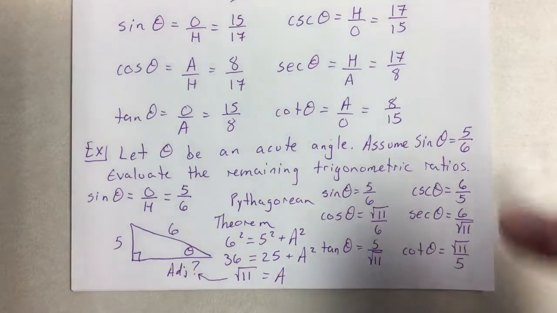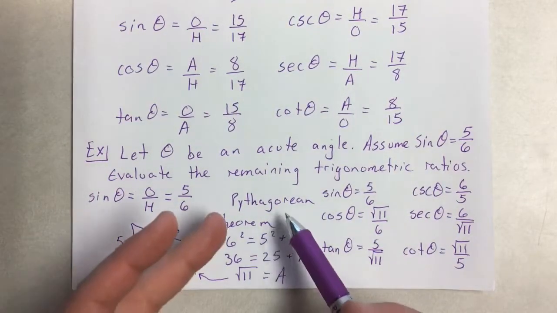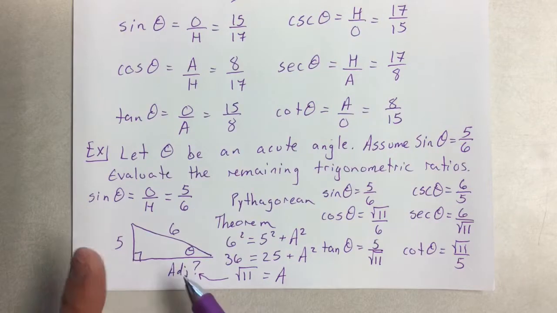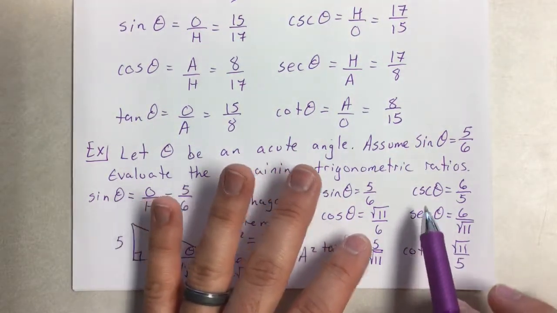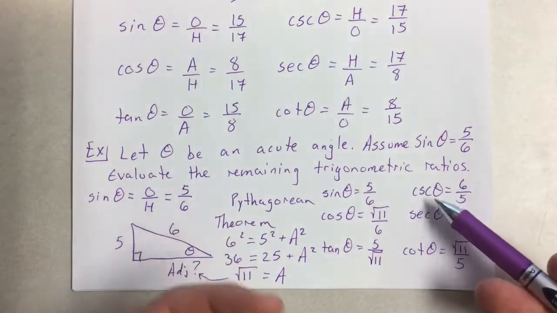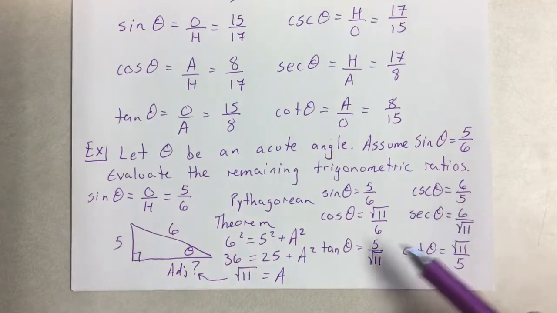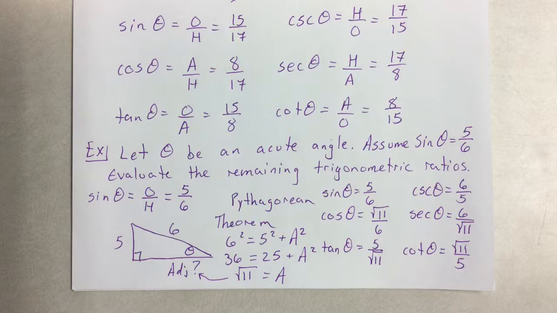So the key to answering this problem, as I like to say it, is we have to use the Pythagorean theorem to find our third side in order to write any other trig ratio. Based off sine, we could have immediately written the cosecant ratio, but we could have gotten no further without using the Pythagorean theorem.